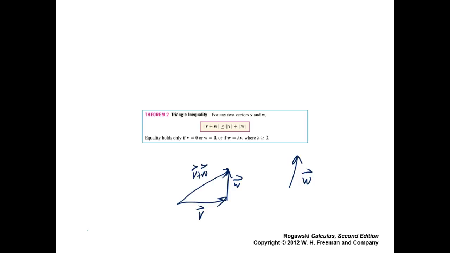Do we have time for the preliminary questions? 3 minutes. Let's try the first one. Answer true or false. Every non-zero vector is equivalent to a vector based at the origin. True or false?